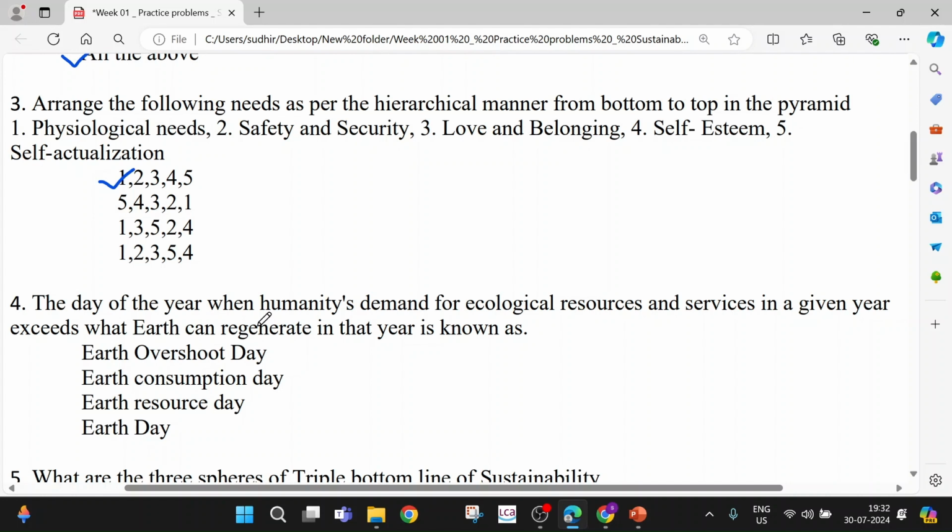The correct answer for this one is option A. Is it fine? So can we move to the next question? Everybody is okay with the answer?